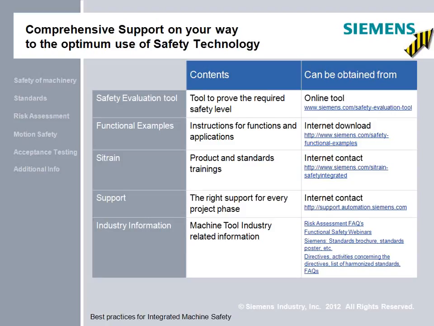Definitely use that for questions or support requests, for general information or for specifics for that matter. And generally from industry in general, all manufacturers, including Siemens, have a wealth of information on their websites. So I strongly suggest that you take advantage of these resources to come to grips with the standards and regulations that are changing very quickly within the last few years.